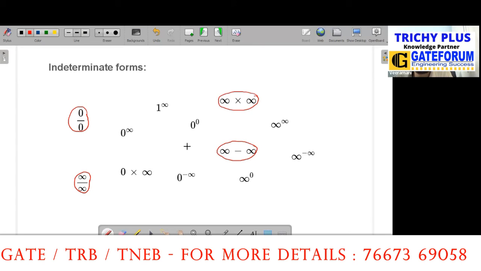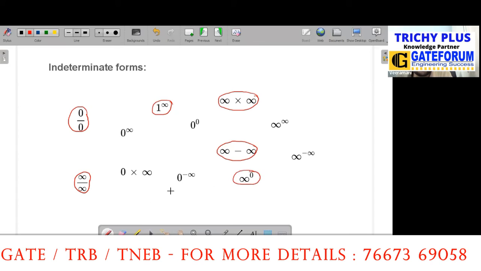What else? Infinity power infinity. Okay. Infinity power minus infinity. Is it so? I don't think so. Both of these are not indeterminate forms. They have a determinate value. And basically, what else can we map?